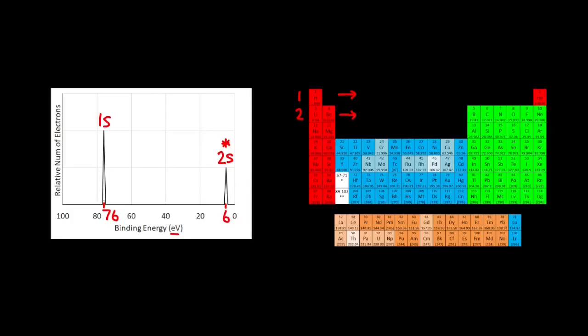And the relative heights of the peaks tell us the ratio of electrons between the subshells. So for every 1 electron in a 2s subshell, there's 2 electrons in the 1s subshell. So therefore, using the periodic table, we have 1s2 and 2s1, which is the electron configuration for lithium.